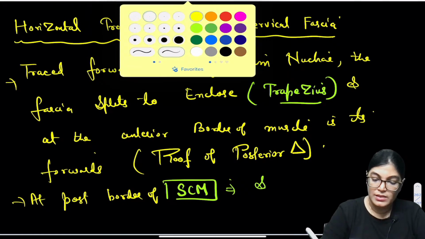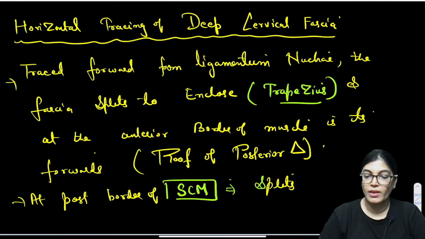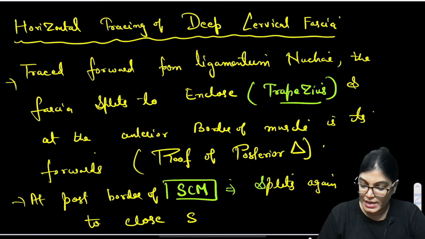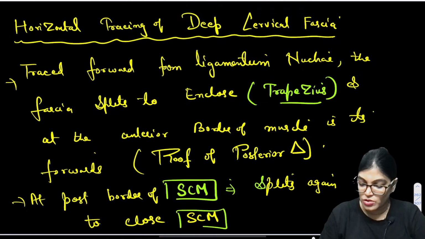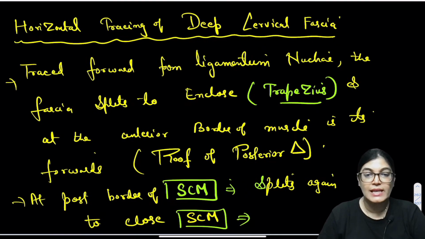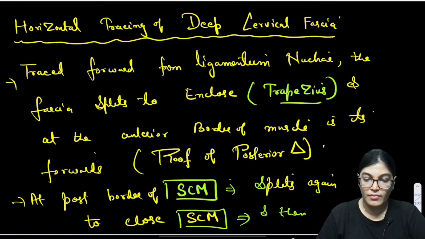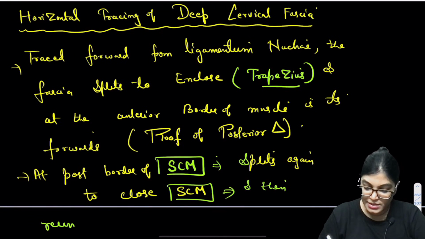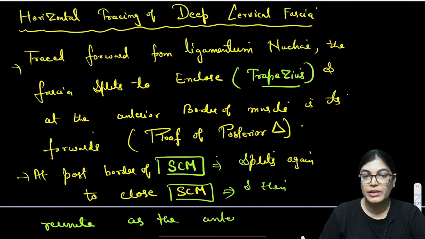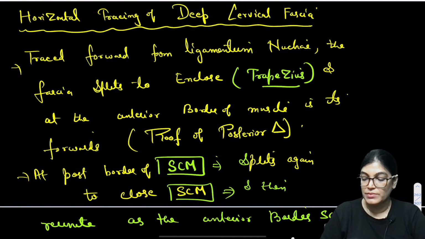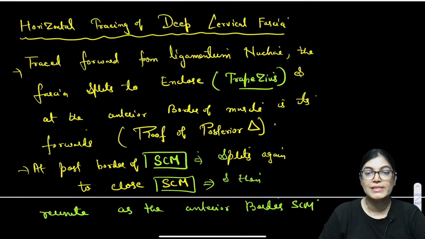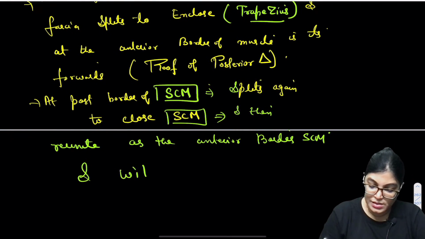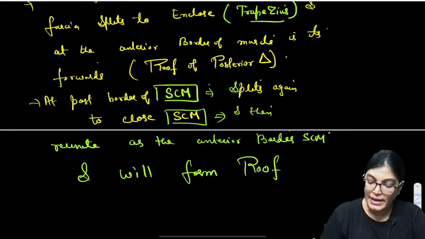It again splits to enclose SCM, the sternocleidomastoid muscle, when splitting at the posterior aspect, enclosing the sternocleidomastoid muscle, and then reunites at the anterior border of SCM and will form the roof of the anterior triangle of the neck.